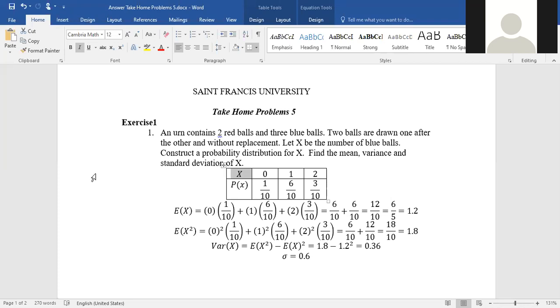How many blue balls? 3/5. And here, 2/5. Now, if the first is blue and we do not replace it, what is the probability that the second will be blue?